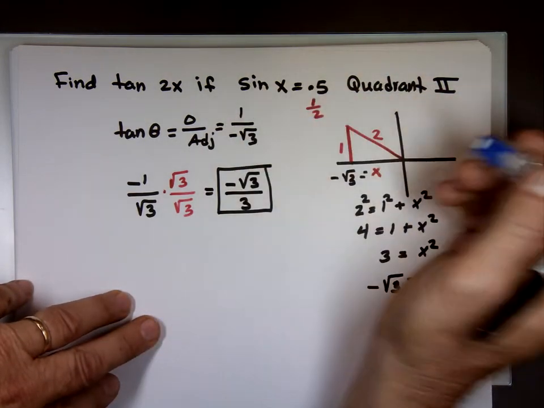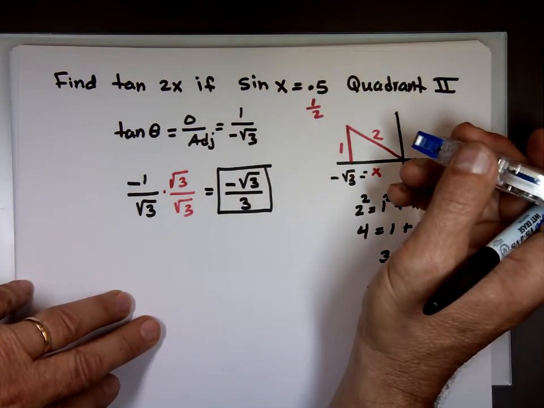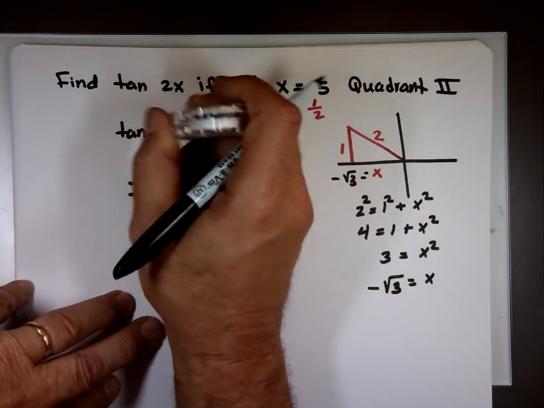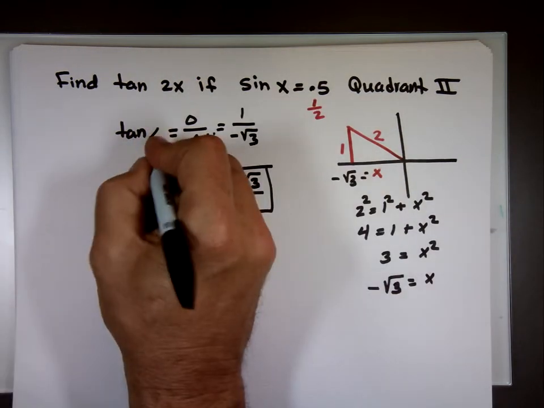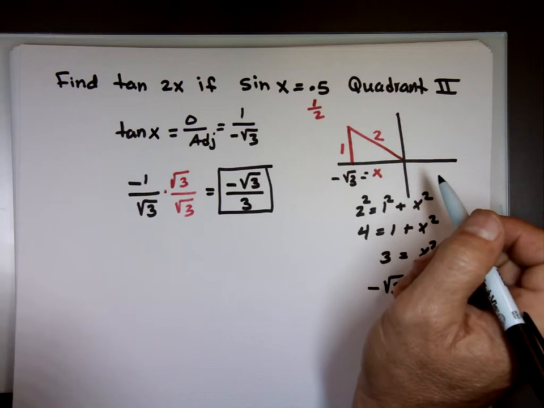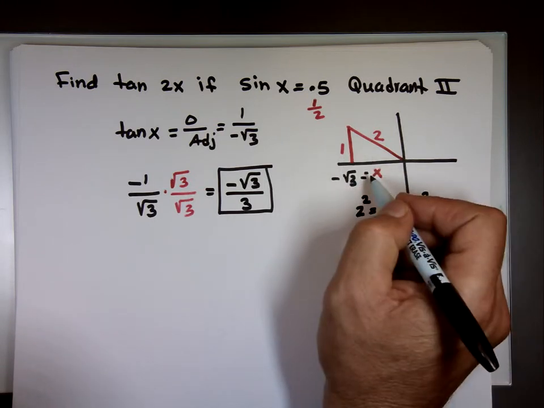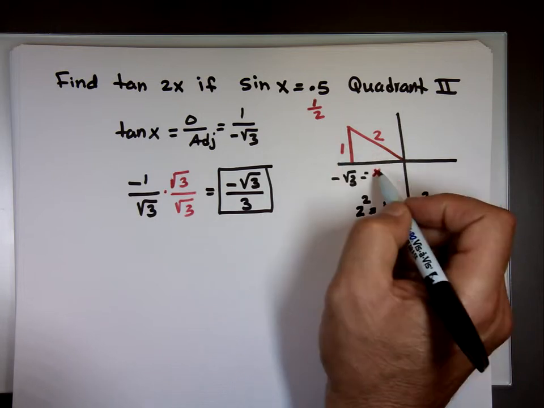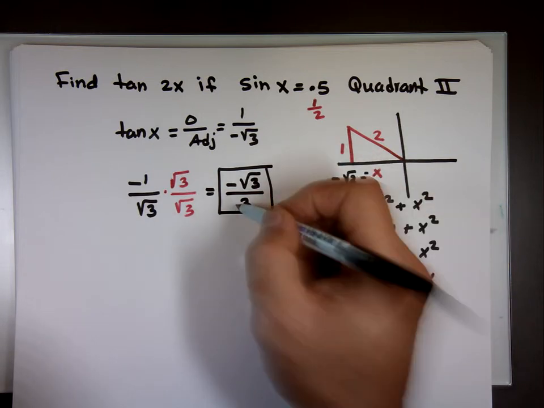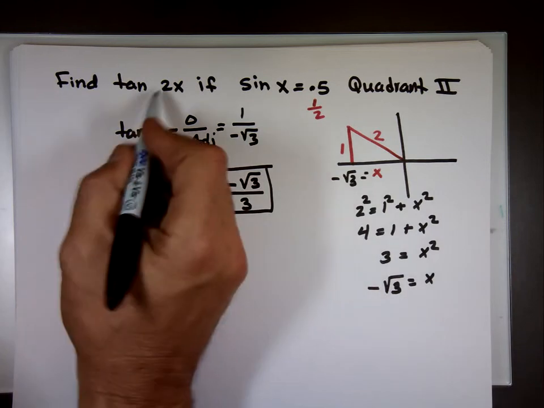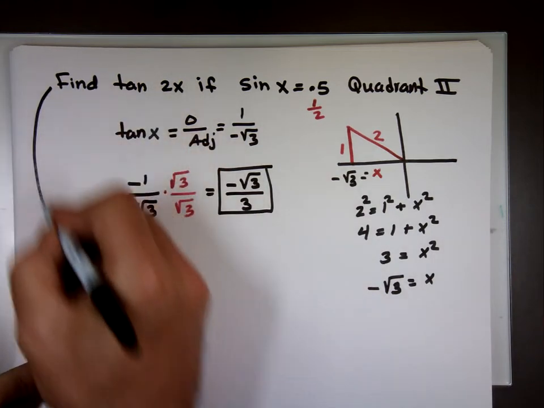Isn't sine positive in the second quadrant? Sine is positive, but the cosine is negative. So positive over negative, the result is negative for the tangent. So I'm looking for tangent 2x. Let's come back here. I know what tangent x is.